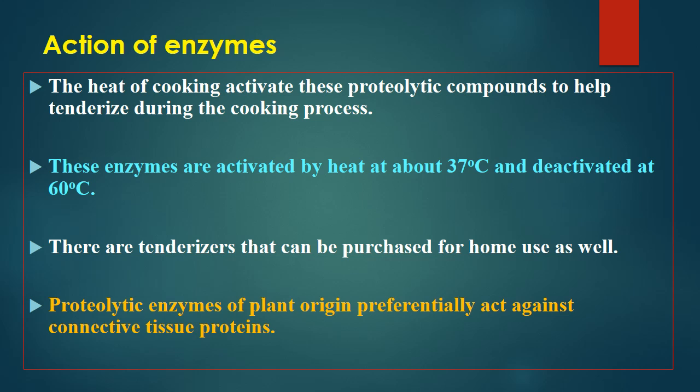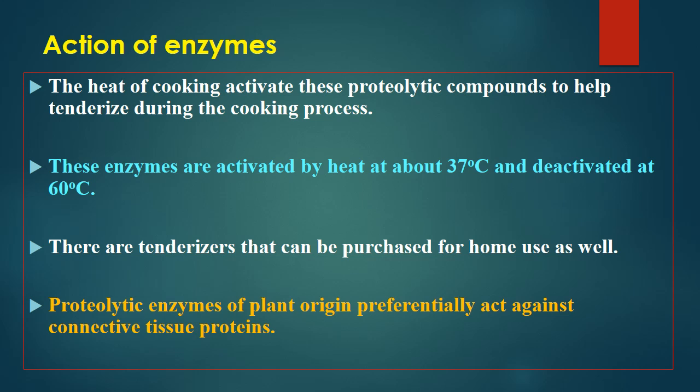So most of these plant origin enzymes are cysteine enzymes. They are activated during the heating of cooking, and thereby they cause the breakdown of the proteins in the muscle and cause tenderization. These enzymes are activated by heat at 37 degrees Celsius and deactivated at 60 degrees Celsius and above. There are tenderizers that can be purchased for home use as well.